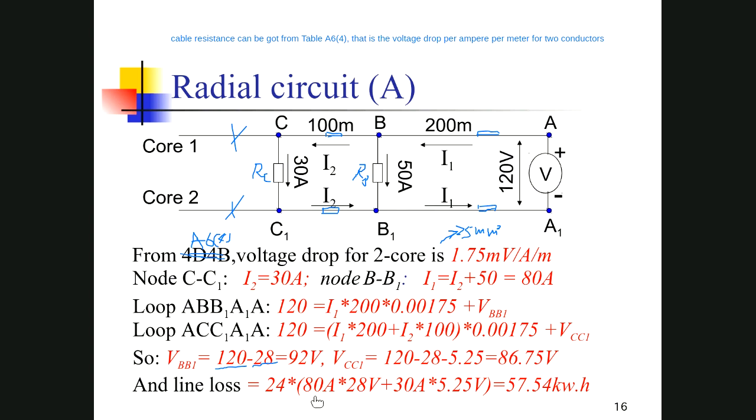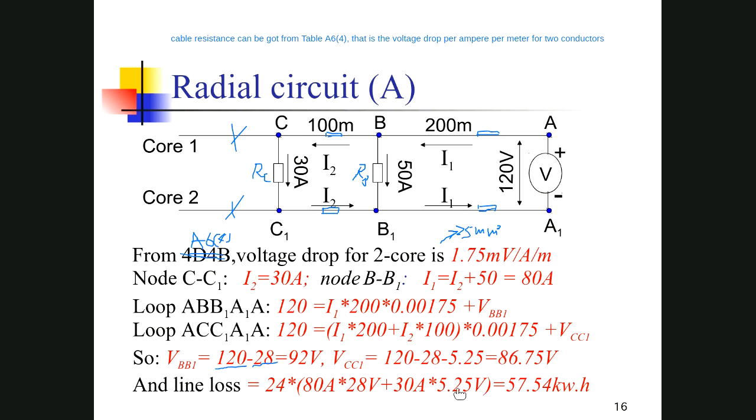So the power consumption on the first 200 meters of cable is 80 amperes times 28 volts. Similarly, the power loss on the second 100 meter cable is 30 amperes times 5.25 volts voltage drop.